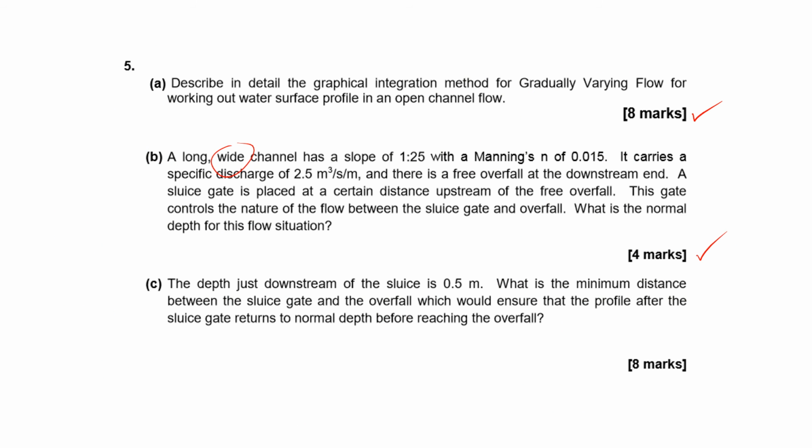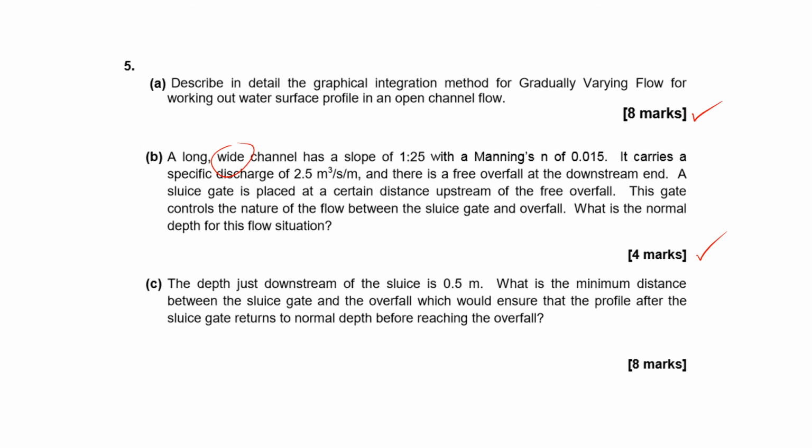This is where you can make mistakes. The depth just downstream of the sluice is 0.5, and the question asks what is the minimum distance between the sluice gate and the overflow which would ensure that the profile after the sluice gate returns to normal depth. So it requires you to do an integration, probably 1-step integration. The question doesn't tell you, but you only need to do 1 step.